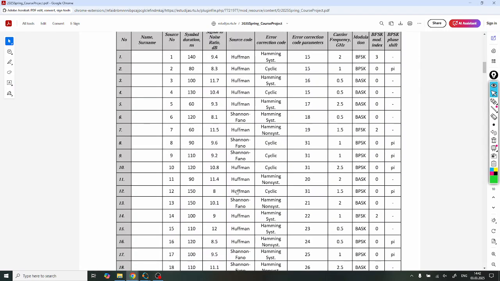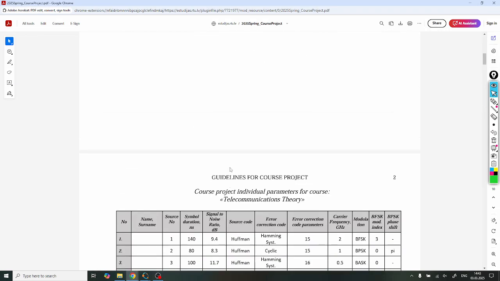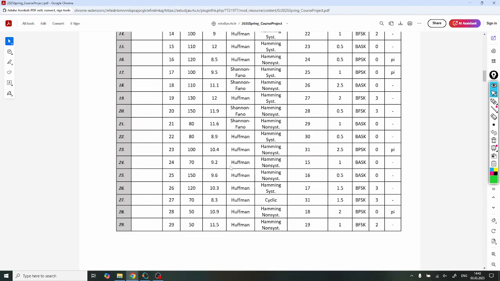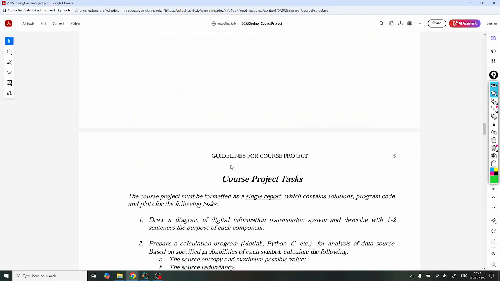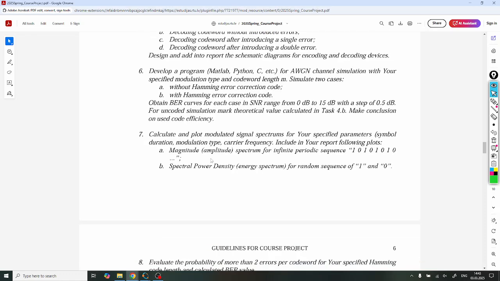So today we will do some practical exercise, specifically exercise number 7 to calculate the course project task related to spectrum.